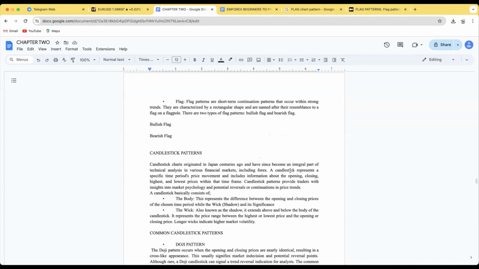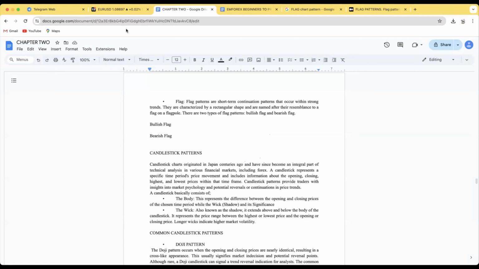A candlestick represents a specific time period and includes information about the opening, closing, highest, and lowest price within that time frame. Candlestick patterns provide traders with insight into market psychology and potential reversal or continuation in price trends.